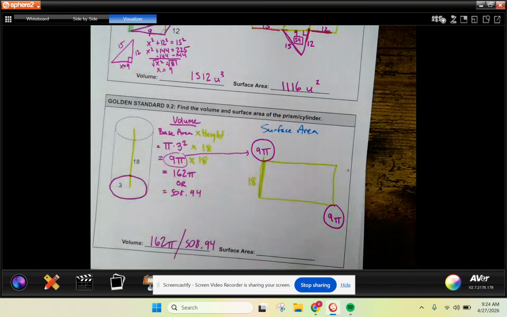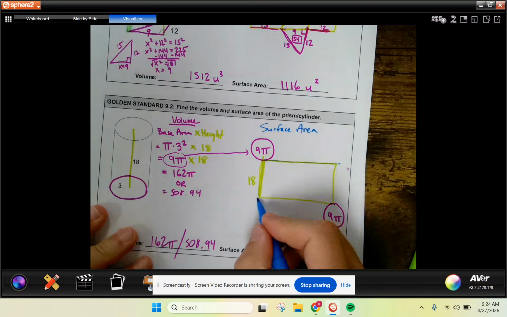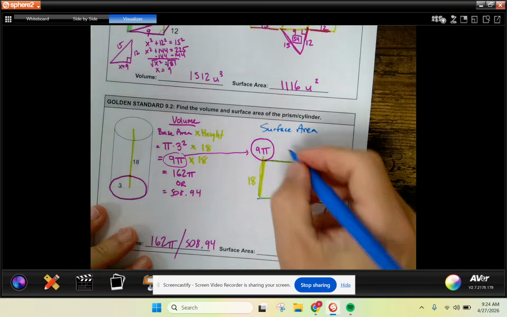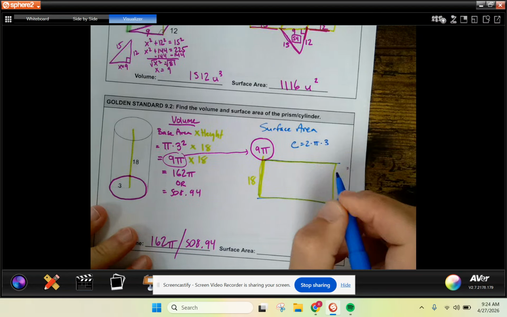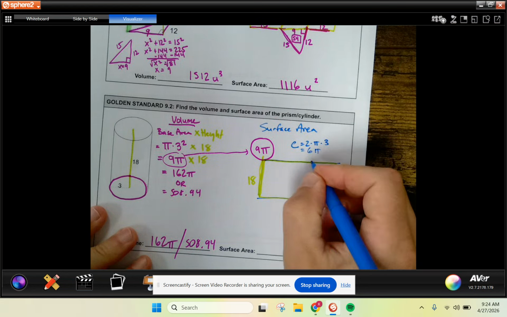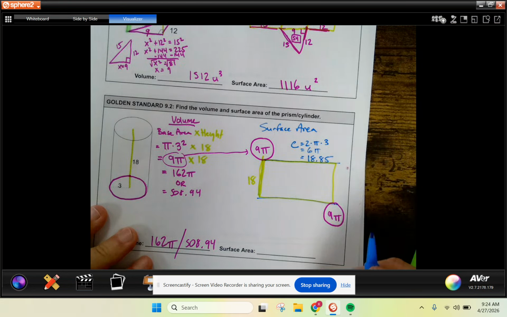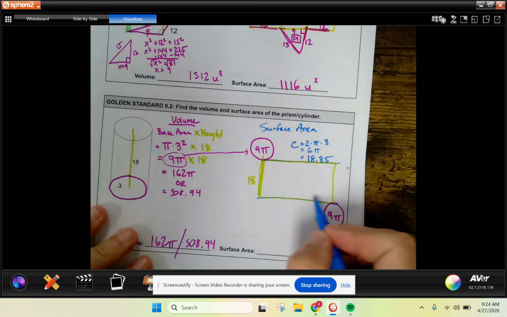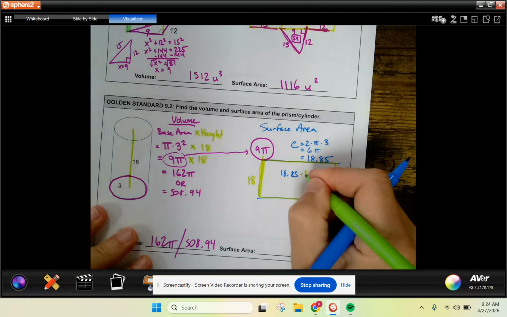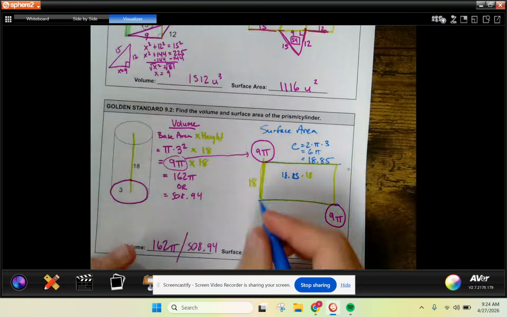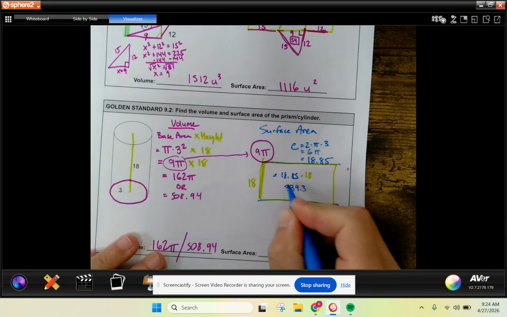Now, what is this length? This is the circumference of the circle. It unwraps around the circle. So our circumference is 2 times pi times the radius, which is 6 pi, which is also equal to 18.85. So the area of this rectangle is 18.85 times 18, which equals 339.3.